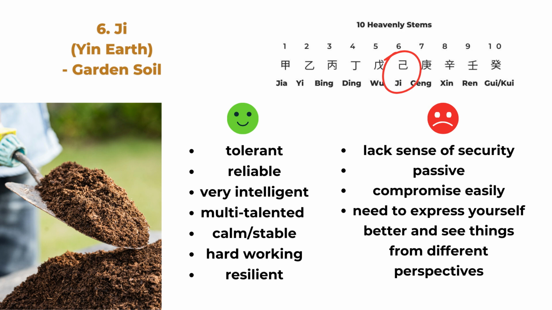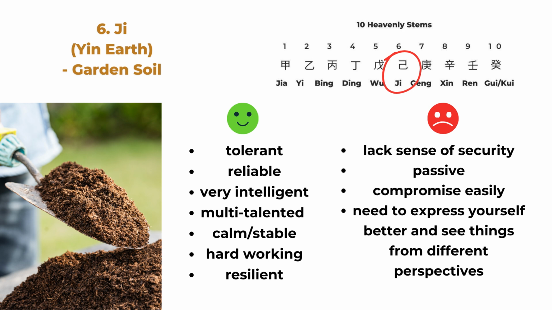If this is your day master, you are very tolerant, you are reliable, very intelligent, and multi-talented. And just like the yang earth, you are very calm and stable and hardworking and resilient. So the Ji type or the yin earth type focus more on your own intelligence and the talent.